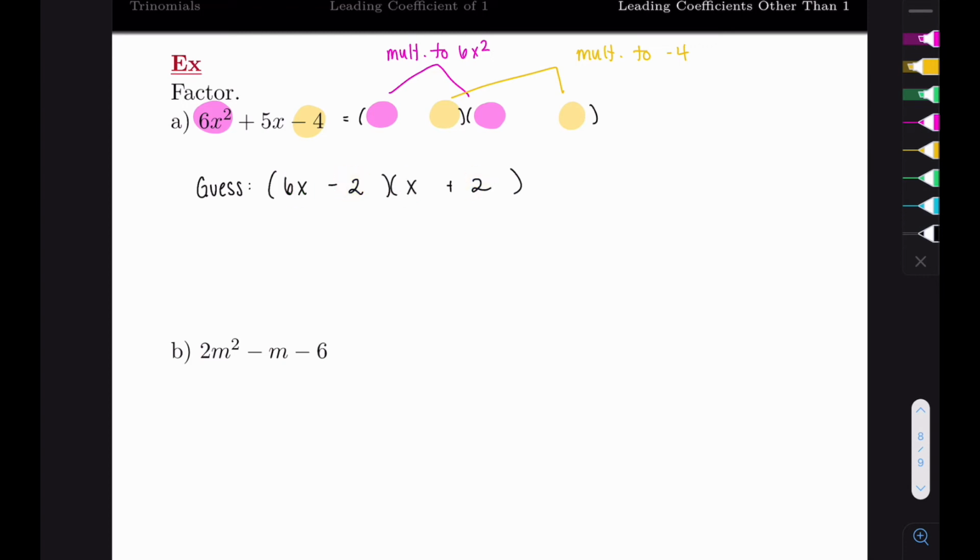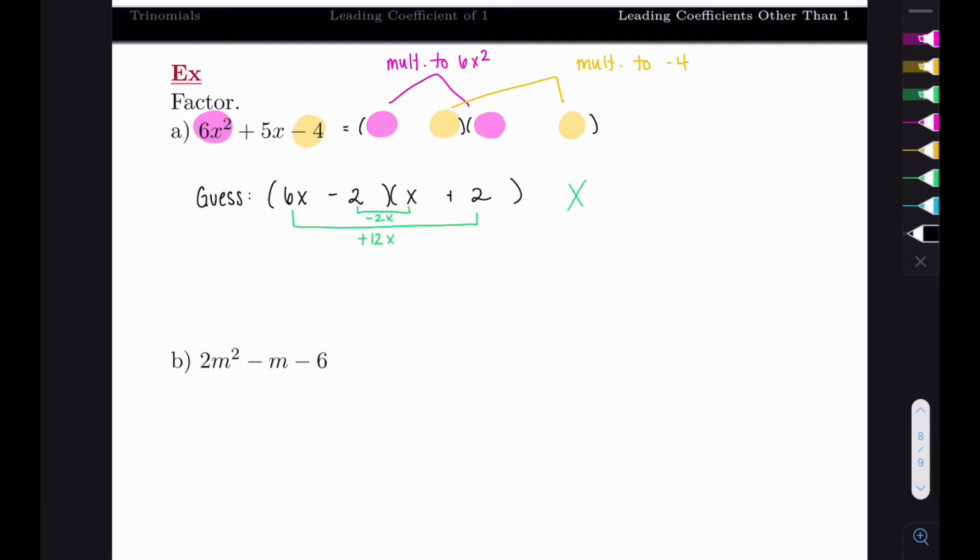So now I want to see if I do my outer term, that would be positive 12x. The inner term would be negative 2x. So unfortunately, those do not add up to the correct middle term of 5x. Okay? So this is not the right guess. So let's try another one. Let's erase our work.